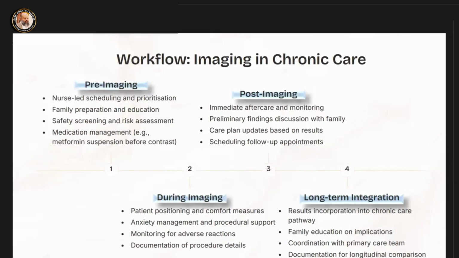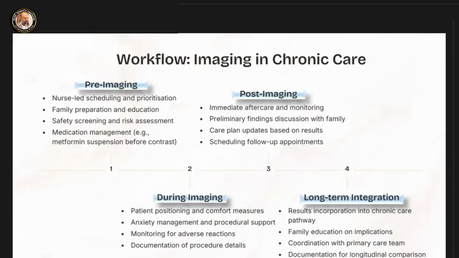Then during imaging, patient positioning and comfort measures are important. Anxiety management and procedural support, monitoring for adverse reactions, and documentation of procedure details. These are done by the imaging nurse.